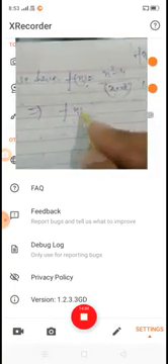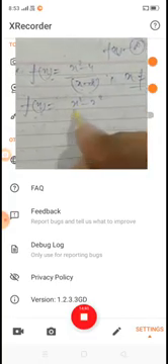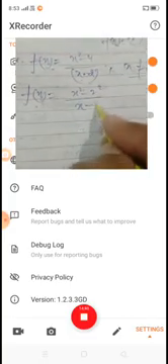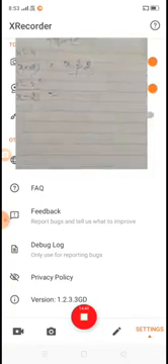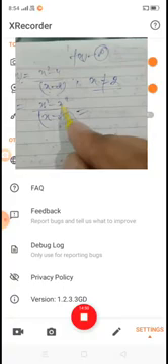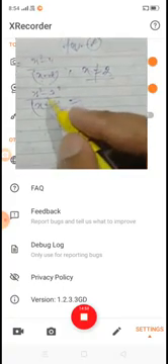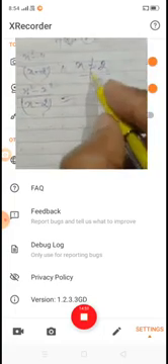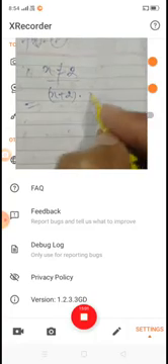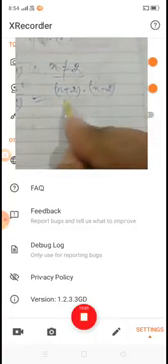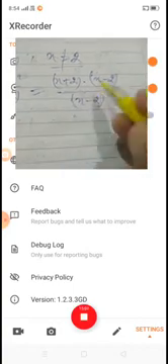Now let's simplify f of x. We get f of x is equal to (x square minus 2 square) upon (x minus 2). Here it is a square minus b square, so we split this using the identity a square minus b square equals (a plus b) into (a minus b). That is (x plus 2) into (x minus 2) upon (x minus 2).